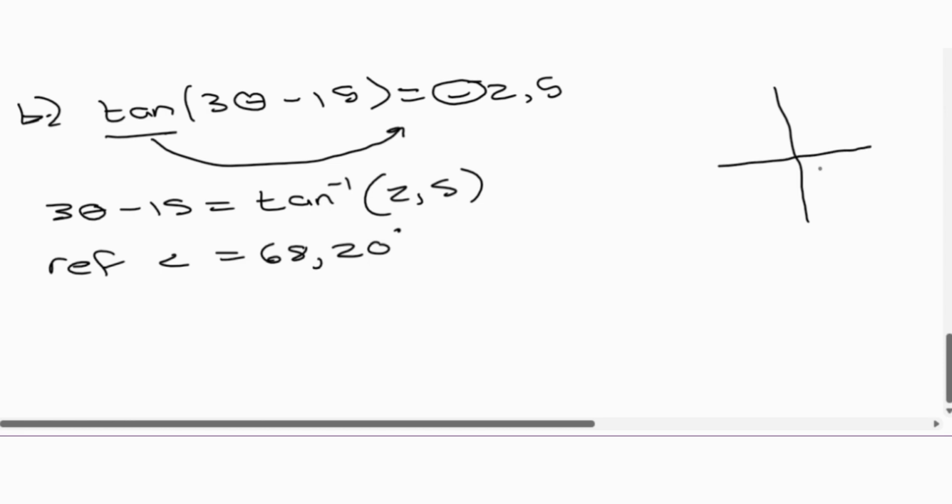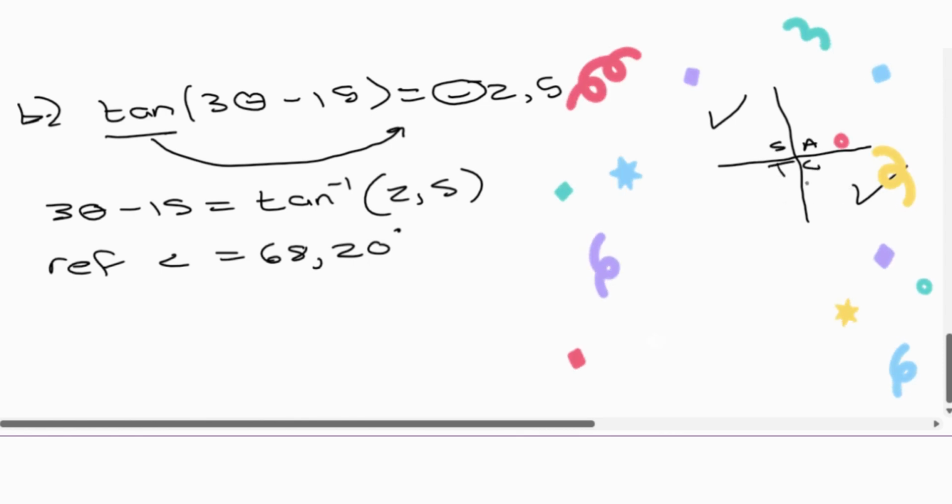Now we can finally look at that negative when we look at our CAST diagram. How about this time, instead of writing CAST on the diagram, let's try and think in our own minds. Do we remember how the CAST diagram looks in our heads? You can think of that C, A, S, and T. So we know that it is negative over here and it is negative over here. Let's see if we draw CAST again. Am I right? And yes, I am right.